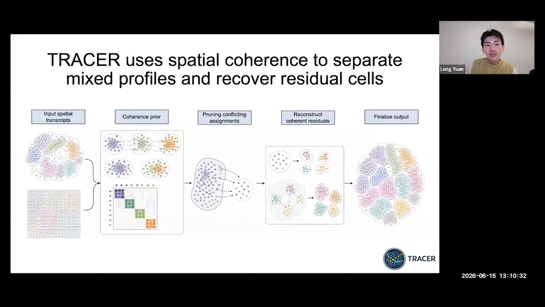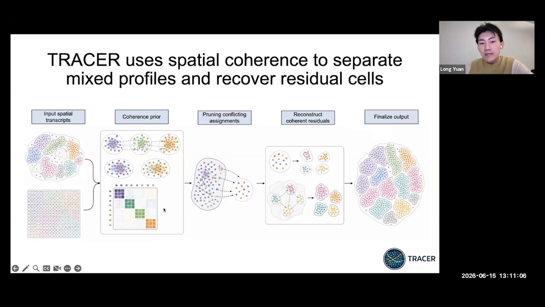So Tracer has two operating modes. In segmentation mode, it starts from an existing segmentation mask and refines it. In no-seg mode, it starts from bins and reconstructs cellular profiles without a prior mask. So the core idea here is simple. The transcripts from the same biological cells should be spatially proximal and transcriptionally coherent.